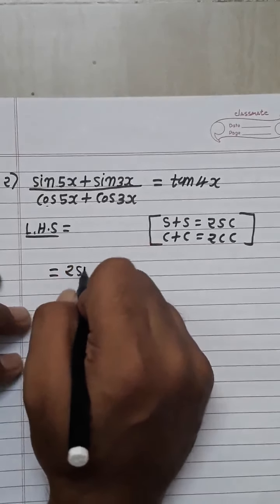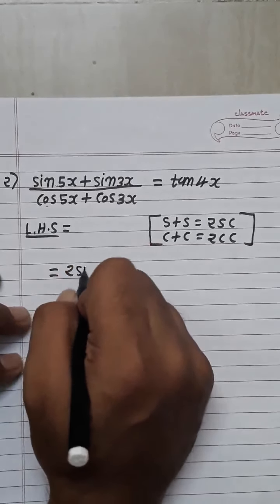Now simplify this term. First of all, 2 we can cancel out in the numerator and denominator. Now cos of (5x minus 3x by 2) appears in both, the same term, so again cancel out.